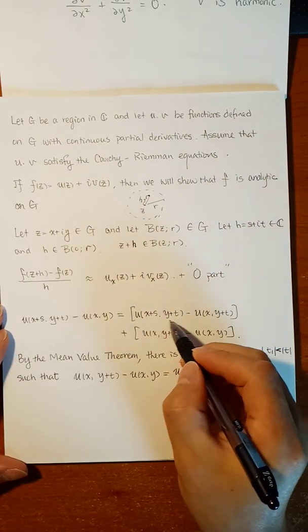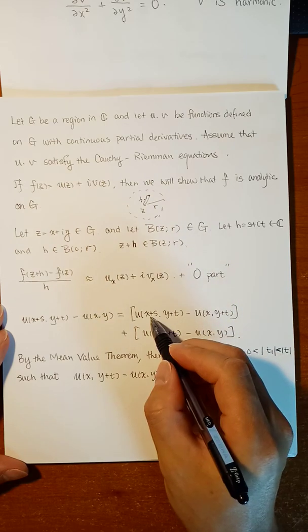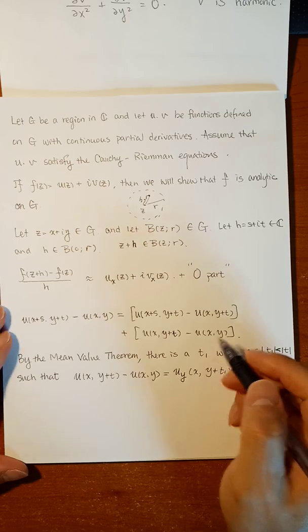And similarly, we also have the mean value theorem for this part, but we keep y plus t fixed. We will have x plus s, x.